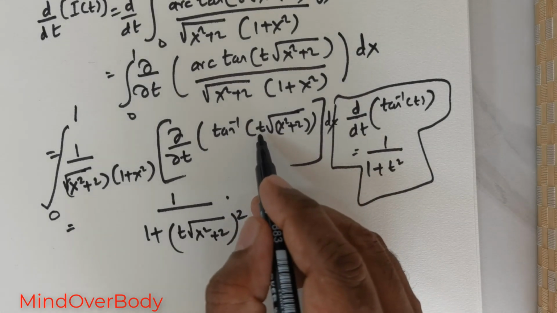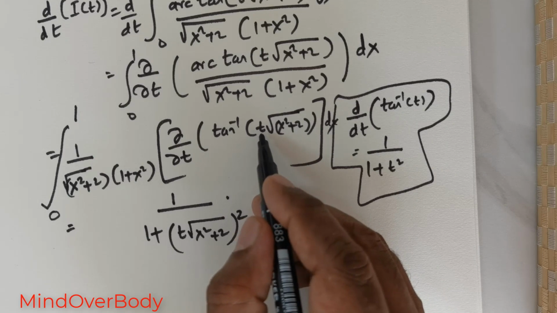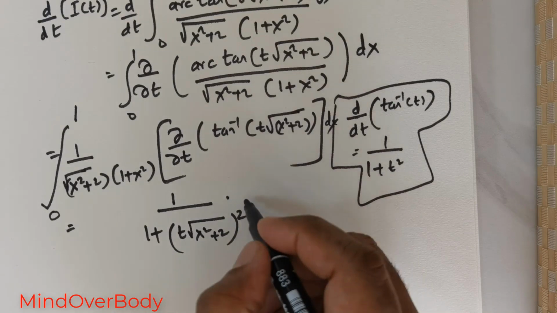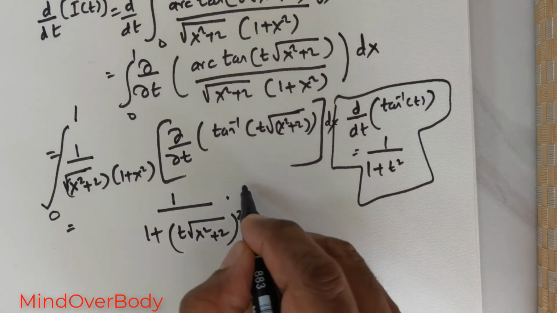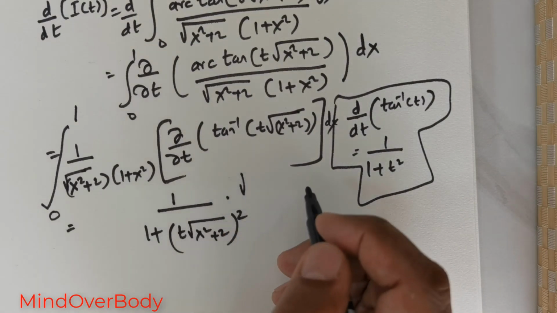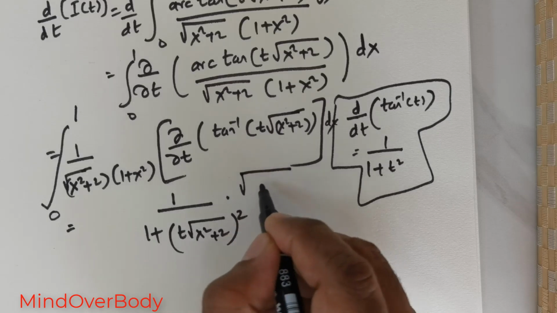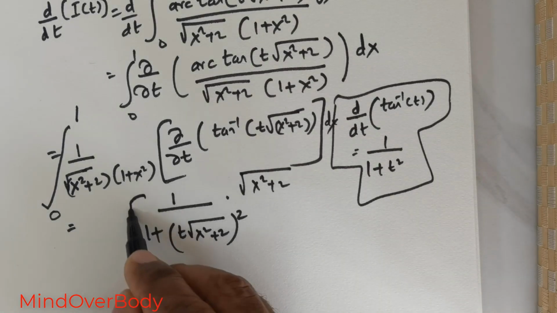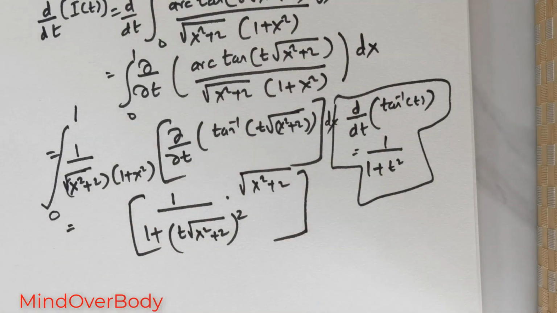Since t is the variable in consideration, other things are all constant, so all we get is just root of x squared plus 2. Right, so that is the outcome when we differentiate tan inverse of t.